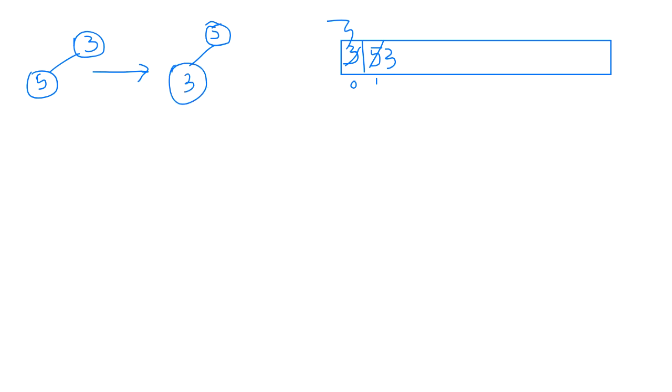So the array list, as you can see also, is going to have 5 in the root, and 3 is going to be in index 1.